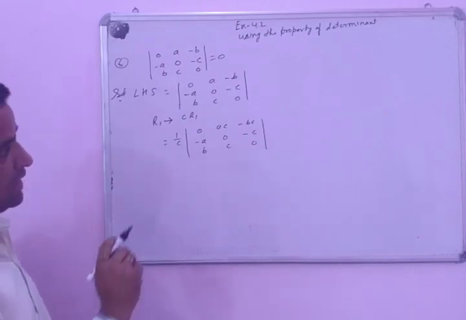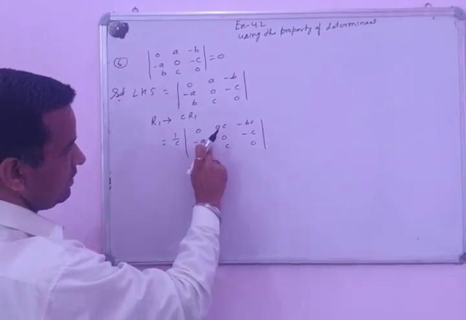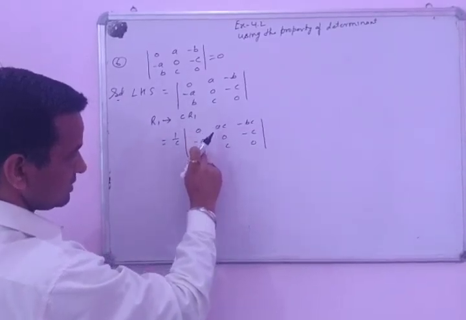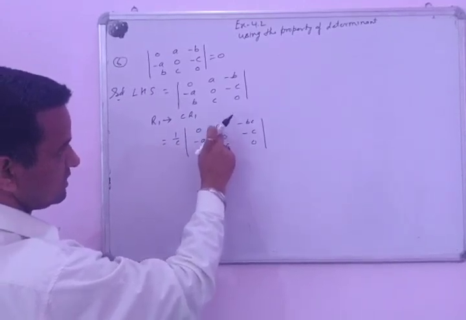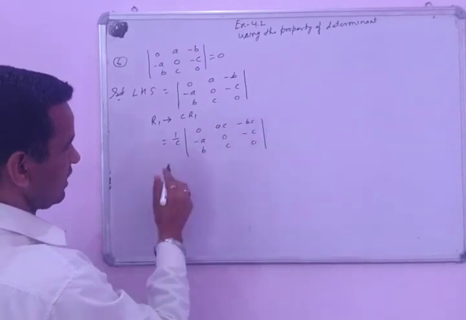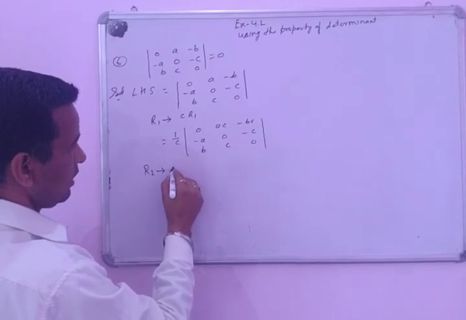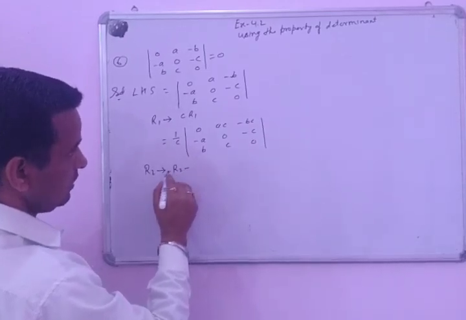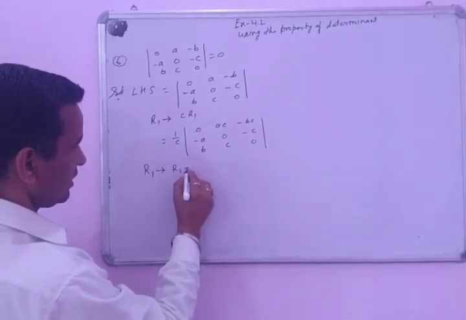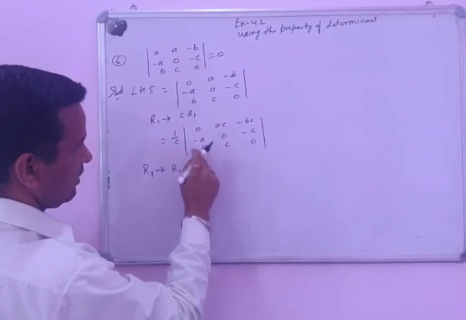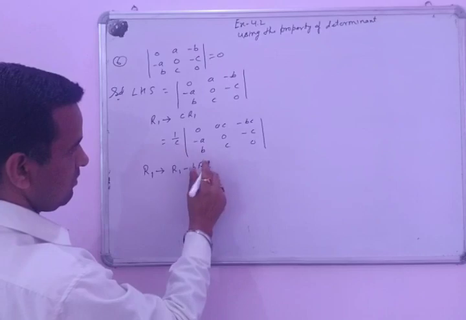Next step here: this and this, suppose multiplied here and subtracted, 0 minus 0, 0 minus A to 0, and AC minus AC here, and this will come as 0. Again I will write R1, then R1 minus BR2, this minus this, so this will come in the positive form.